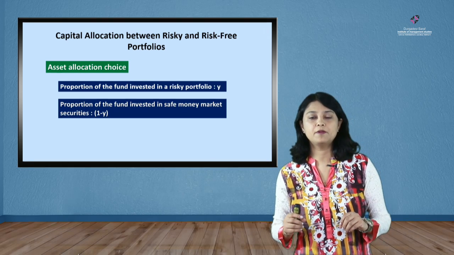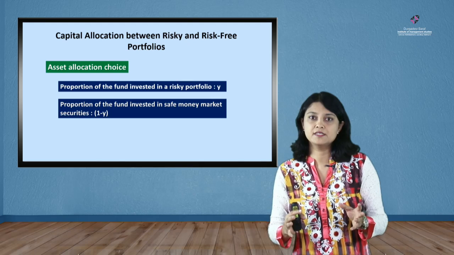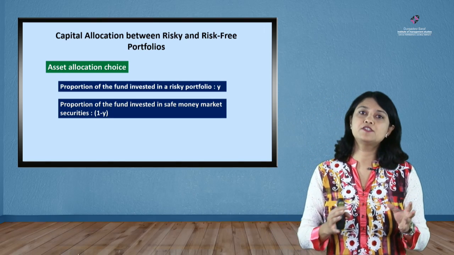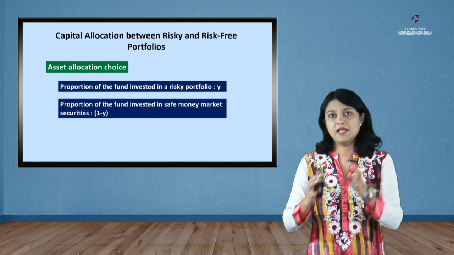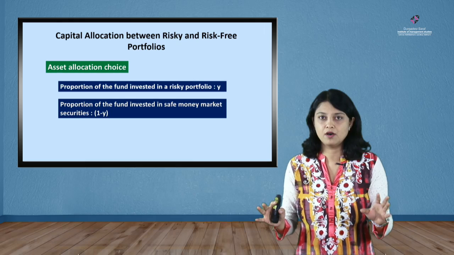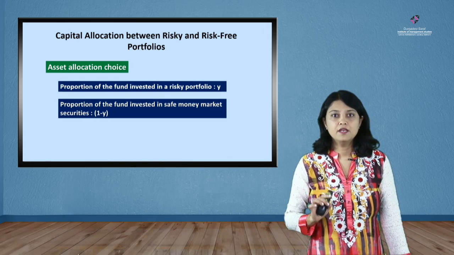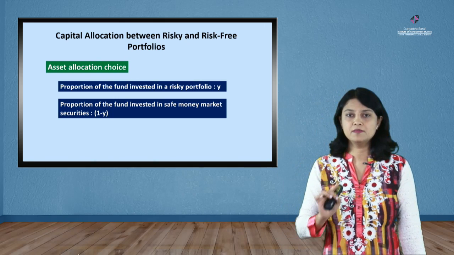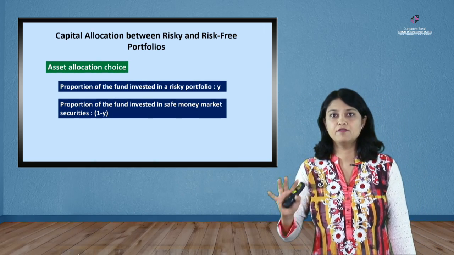Let's assume that the proportion of total capital or the funds invested into risk-free assets, plus risky assets, has to be 100%, or when I measure in decimals it should be 1. Now, let's assume that the risky portfolio has Y proportion.